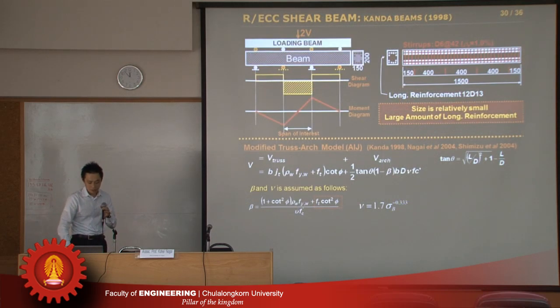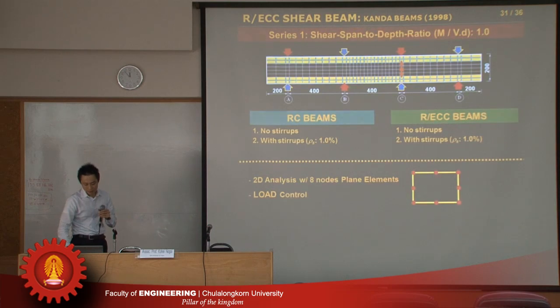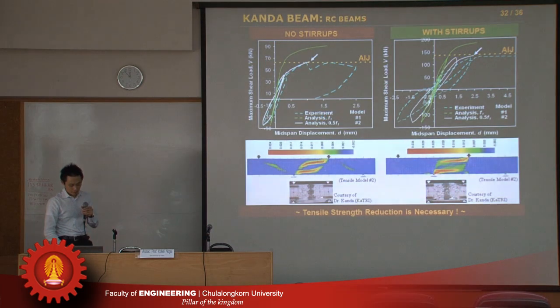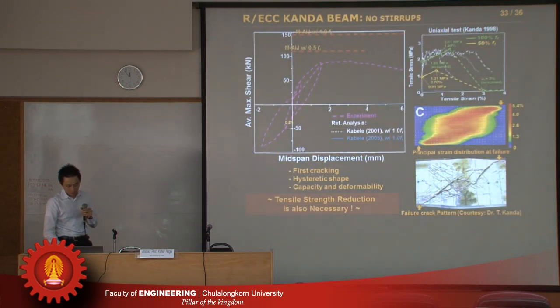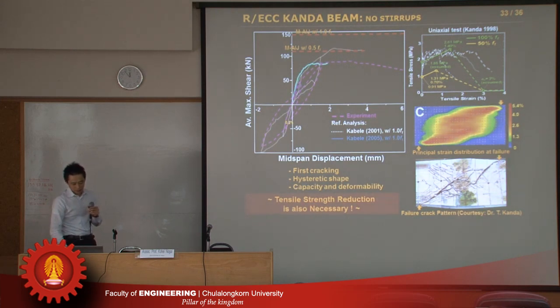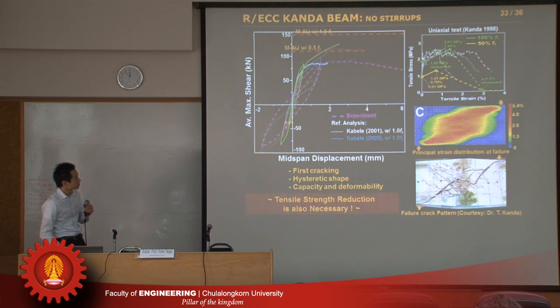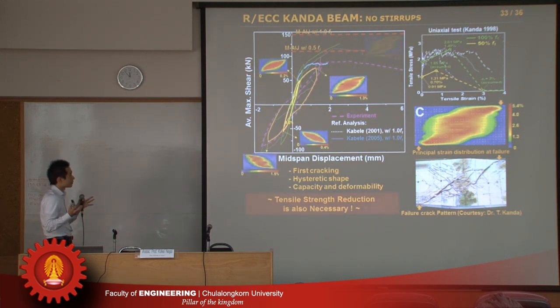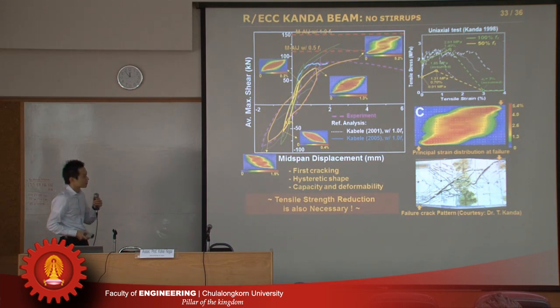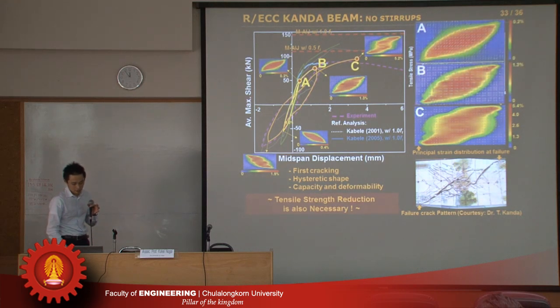So finally, I show you just in 1 minute the beam test. So the beam test we also did, and that was done by Kajima Corporation experiment. But anyway, we could simulate the beam test as well, and we can see the strain profile during the test.